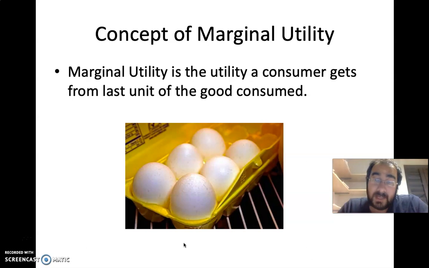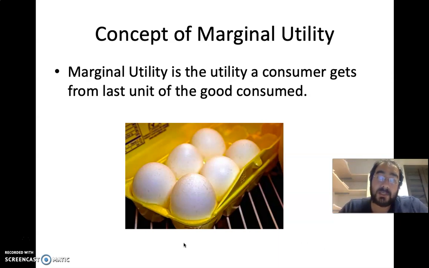So you will hear a lot of this marginal: marginal utility, marginal product, marginal cost, marginal revenue. At least those are the ones I remember. There might be more. So let's start with the marginal utility concept.